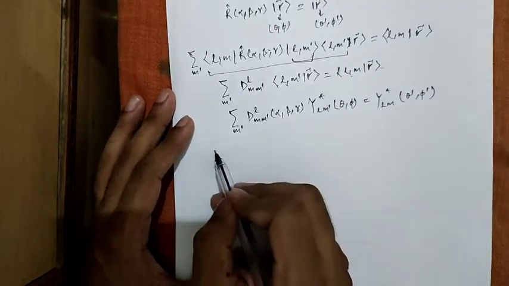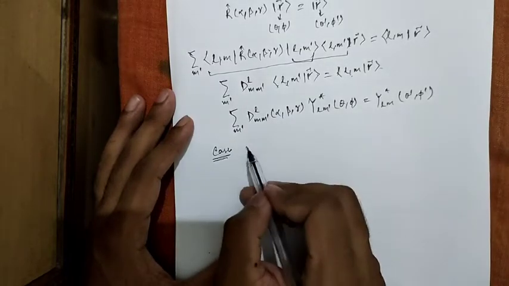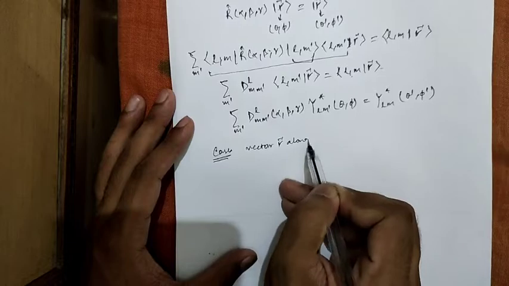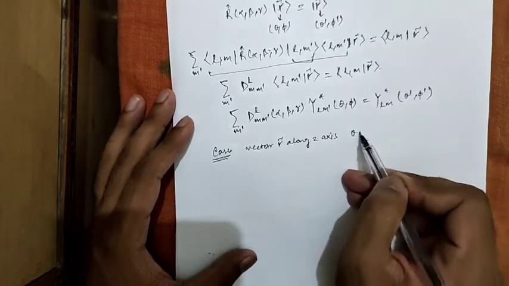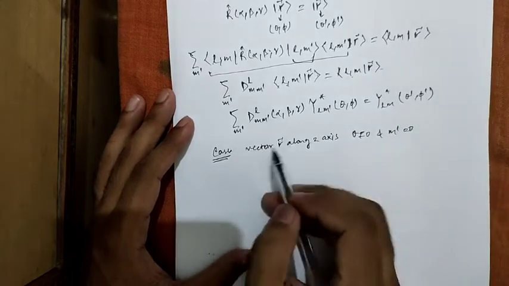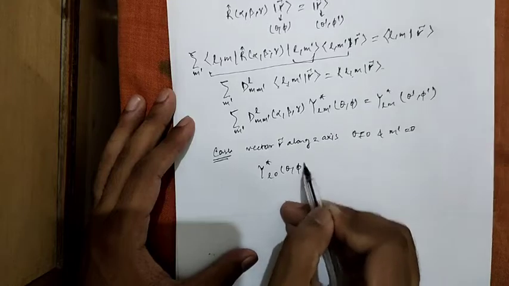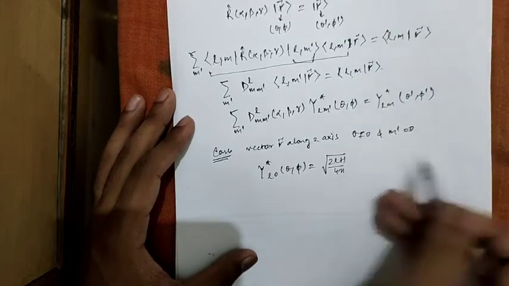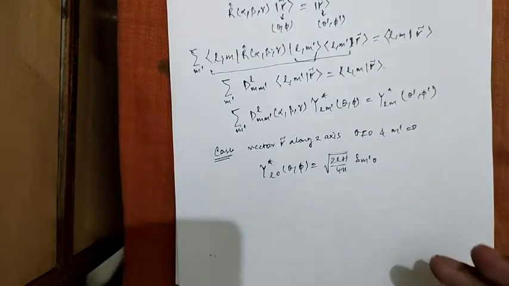Okay, now we know Y*_{lm}. Let a case be when our vector r is along the z-axis, which means that theta is equal to 0 and the m dash component is equal to 0. Then Y*_{l0}(theta, phi) is equal to root of (2l plus 1) by 4 pi, delta_{m dash 0}.